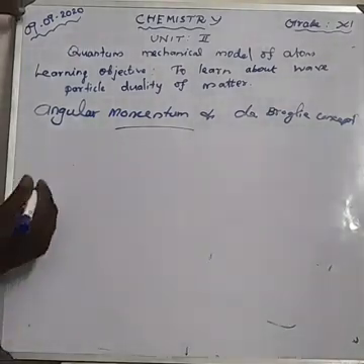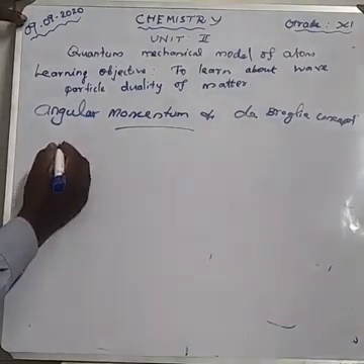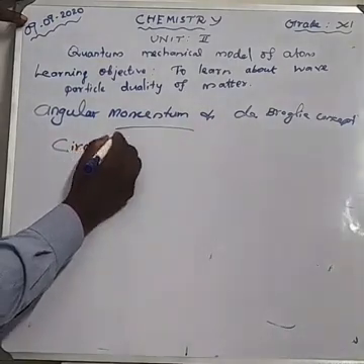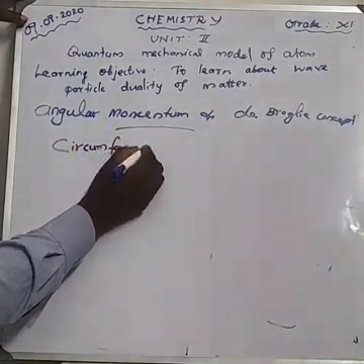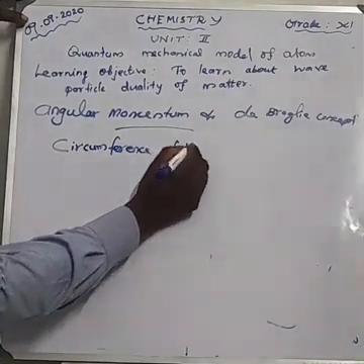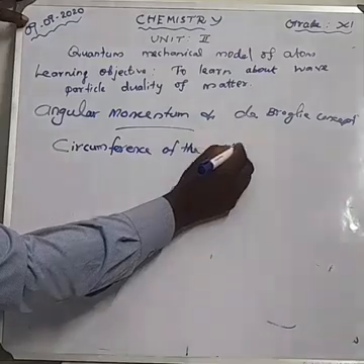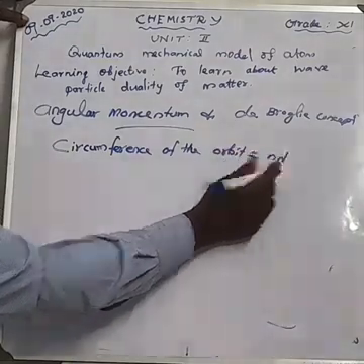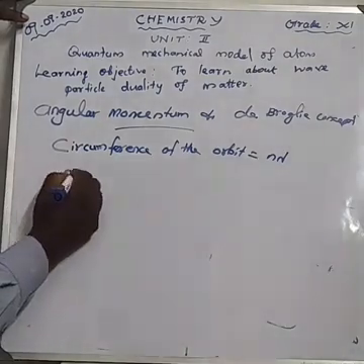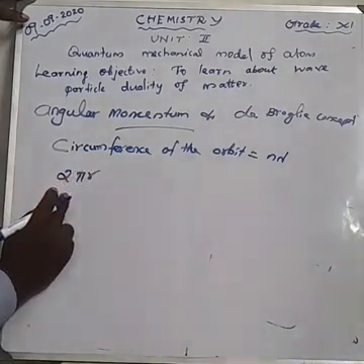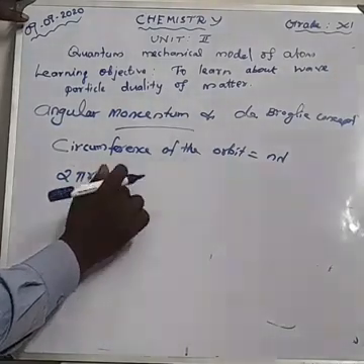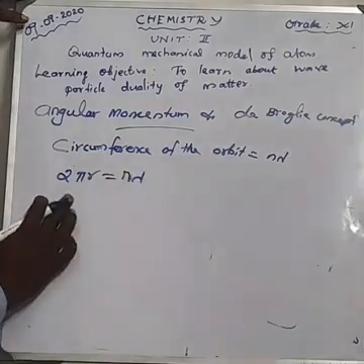That means the circumference of the orbit is equal to n lambda. This is the formula. Here 2 pi r is equal to n lambda.